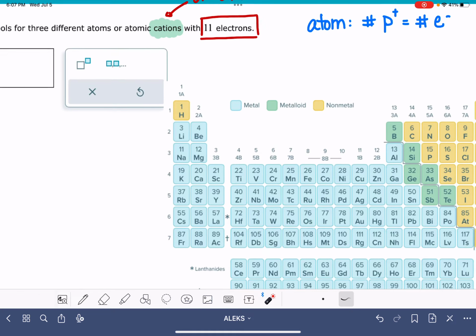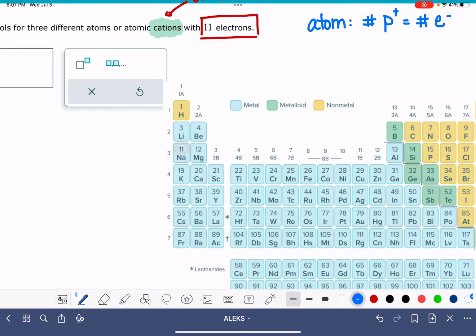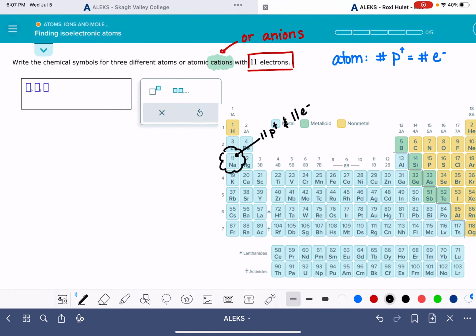I'm going to go to a periodic table and find atomic number 11. That is sodium. That number 11 means that sodium has 11 protons, and as an atom, it also has 11 electrons. So that's one of our possible answers to this problem.